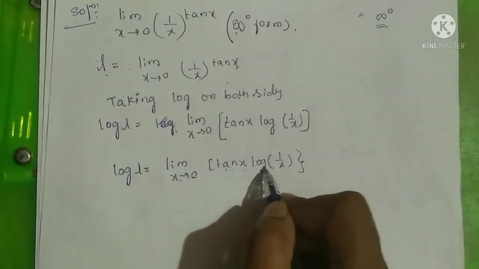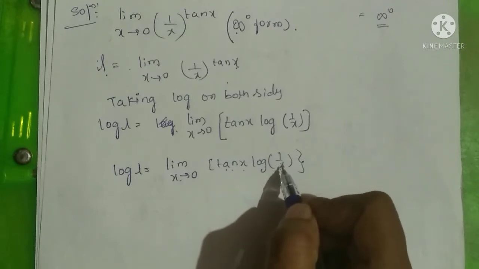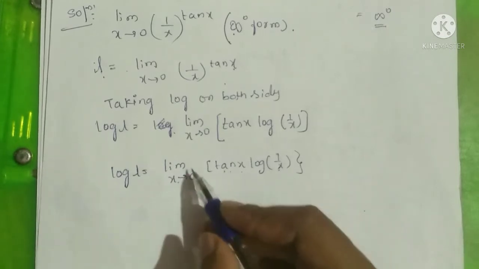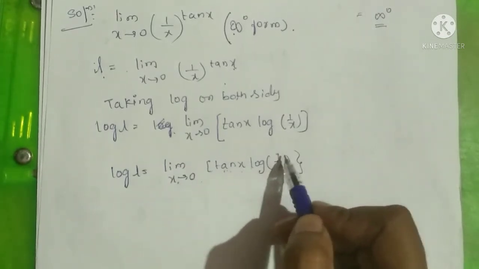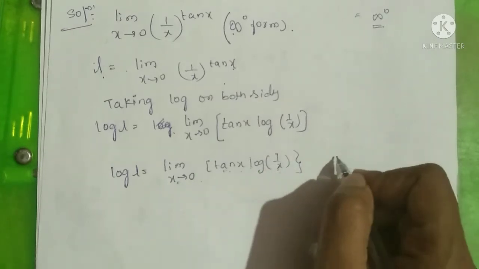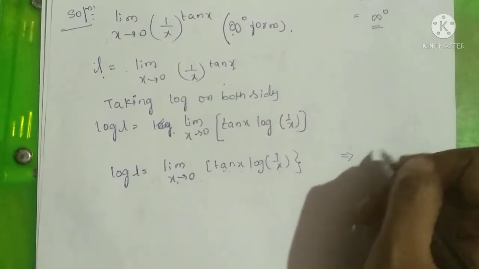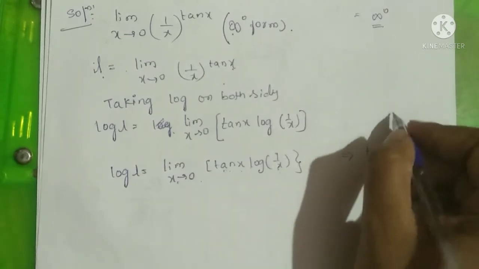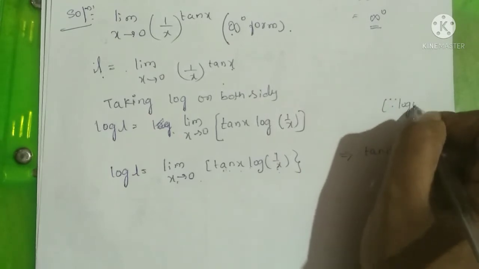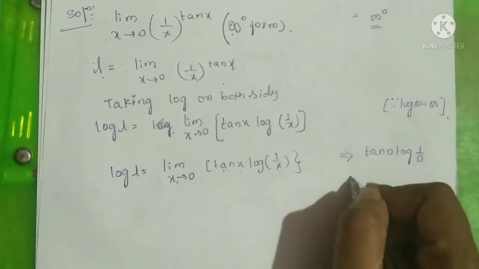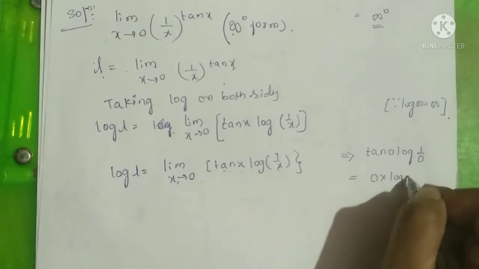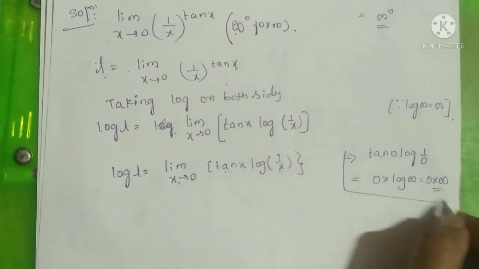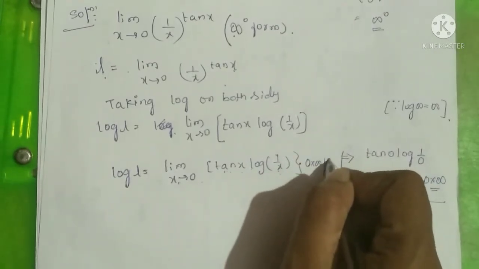Tan 0 is 0, and log of 1 by 0 is log infinity, which is infinity. So it is in the form of 0 into infinity form.